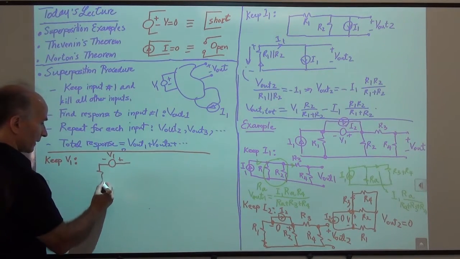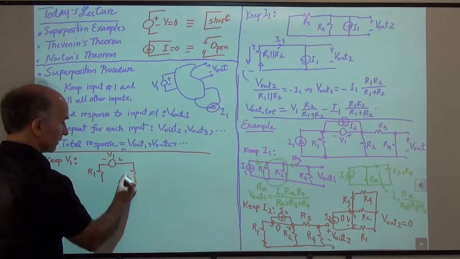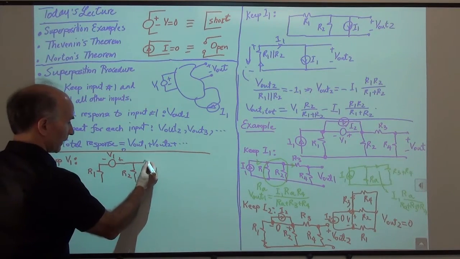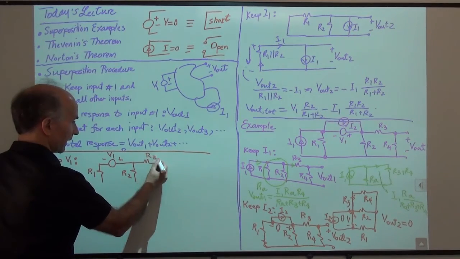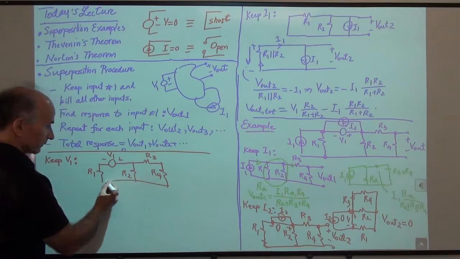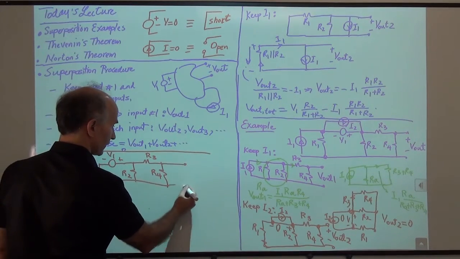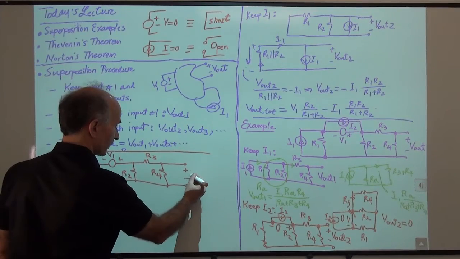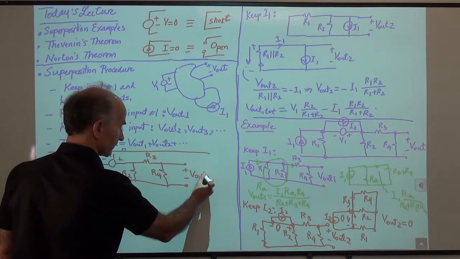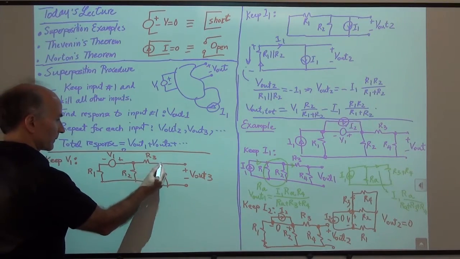Then we have a resistor on this side, R1, and then R2, and then R3, and R4. Okay, and again, this is the quantity of interest, and this time we'll call it Vout3. So our job is to find Vout3 in terms of V1.